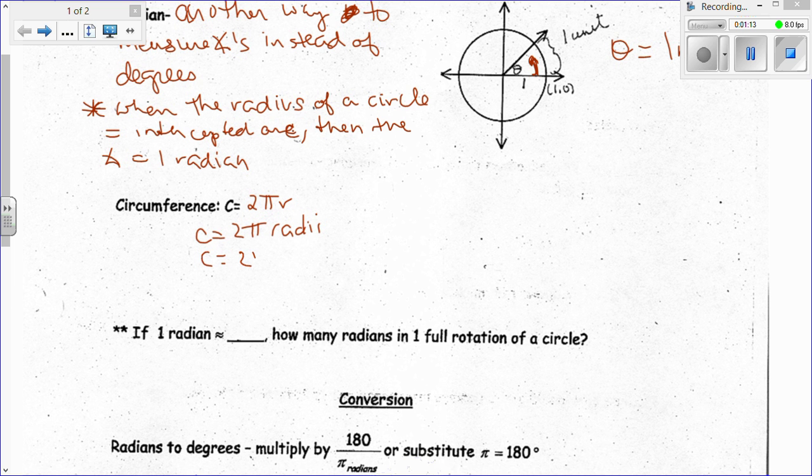So the circumference is equal to 2 pi radians, or the circumference is equal to 360 degrees. So what I'm going to say is 360 degrees is equal to 2 pi radians.